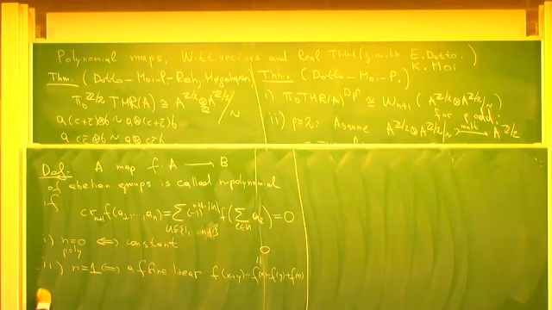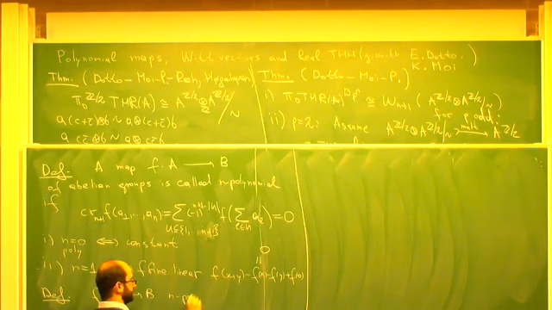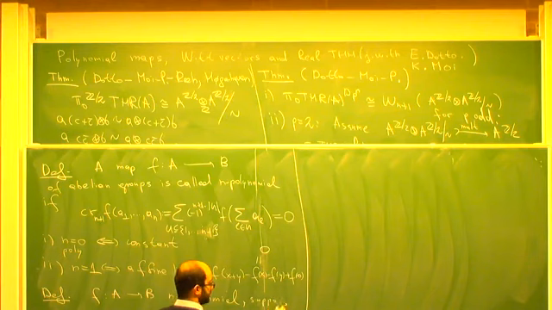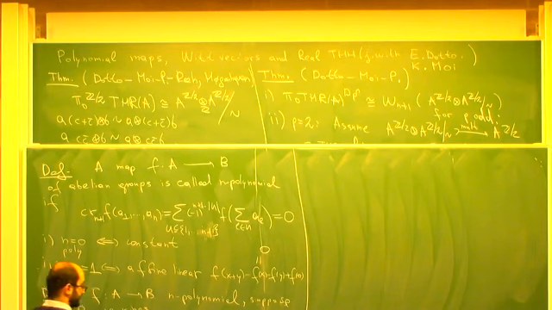Good, so what I'm really interested in today is, suppose we are given f, which is a polynomial, then what I'm really interested in is f a multiplicative polynomial map. So now suppose A and B are rings, or commutative rings actually.